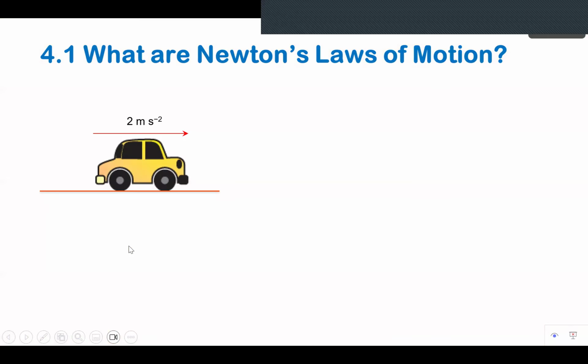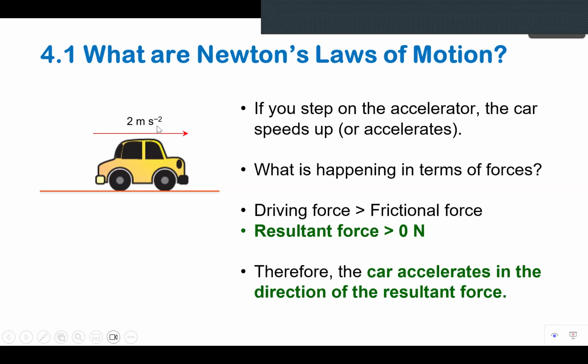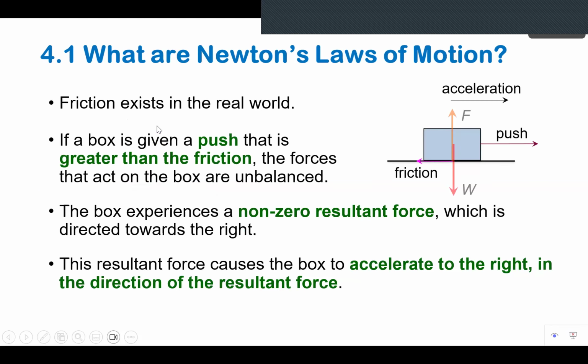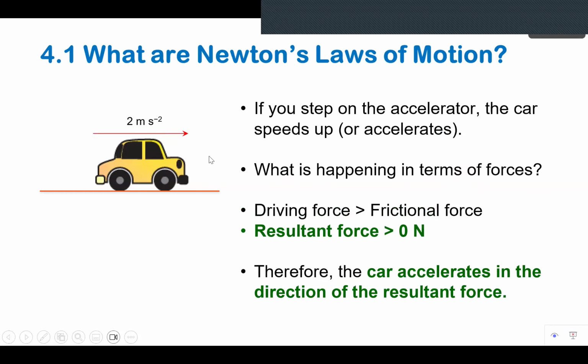So the same car now I have, but this same car now is not moving with constant speed. It's moving with a constant acceleration of 2 meters per second squared. So what does it mean? If I am moving with a constant acceleration, I must have forces acting on it. I must have a driving force forward and a frictional force backwards.